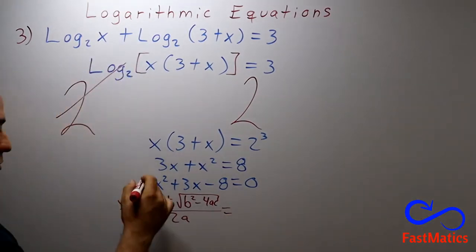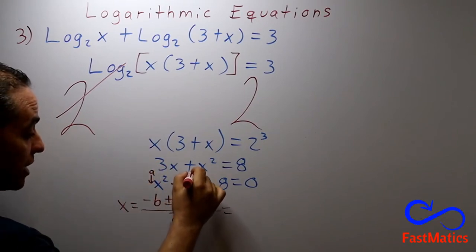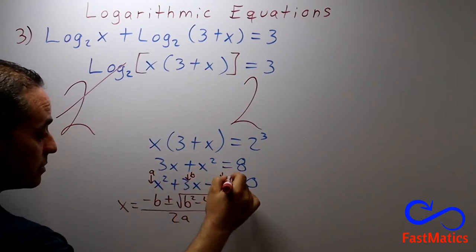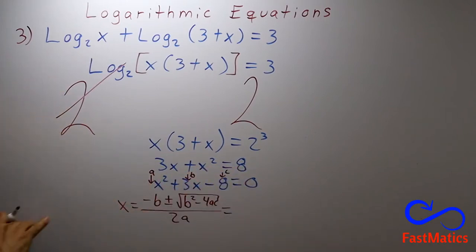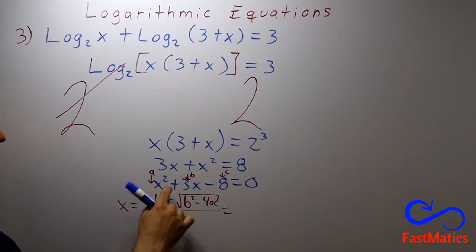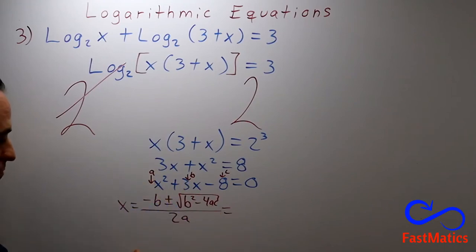Remember that always the coefficient of x squared is a, the coefficient of x is b, and the term that is alone without x is c. And remember please that you will never replace those letters with letters, always with numbers.